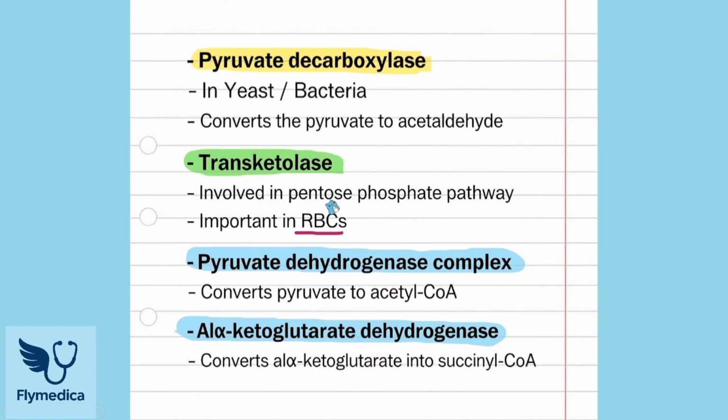It is involved in the pentose phosphate pathway, and it is important in red blood cells. Keep in mind this very important point because we are going to come back again to this part at the end of the video. And the third enzyme we have here is pyruvate dehydrogenase complex, which converts pyruvate to acetyl-CoA. And the last one is alpha-ketoglutarate dehydrogenase, converting alpha-ketoglutarate into succinyl-CoA.